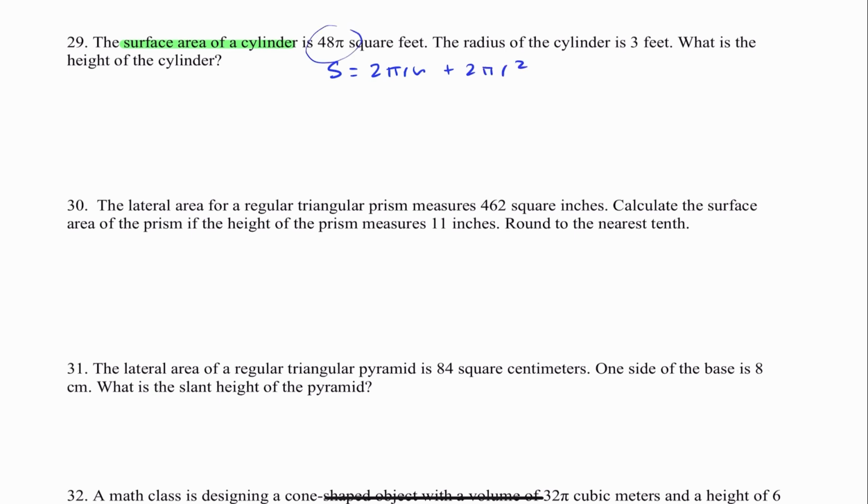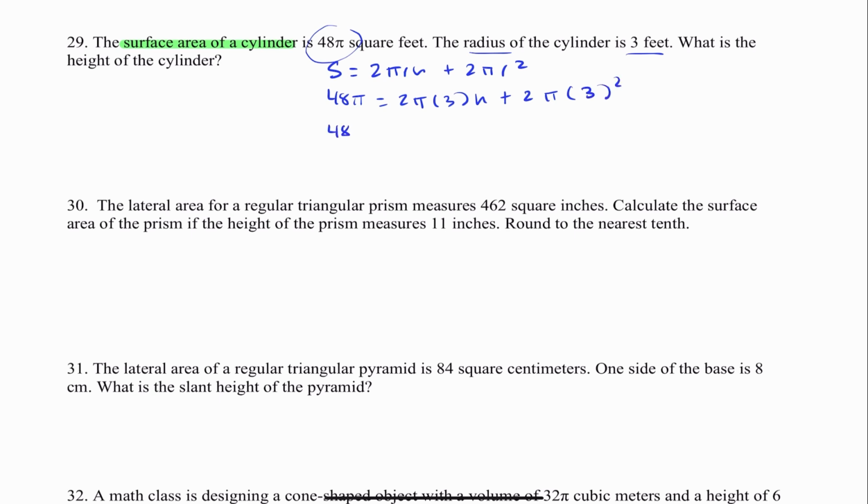The surface area is 48 pi equals 2 pi. What's the radius? It is 3 feet. So I'm going to replace r with 3. And I don't know what the height is, so I'm going to leave that alone. So plus 2 pi times 3 quantity squared. And then I'm going to go ahead and simplify.